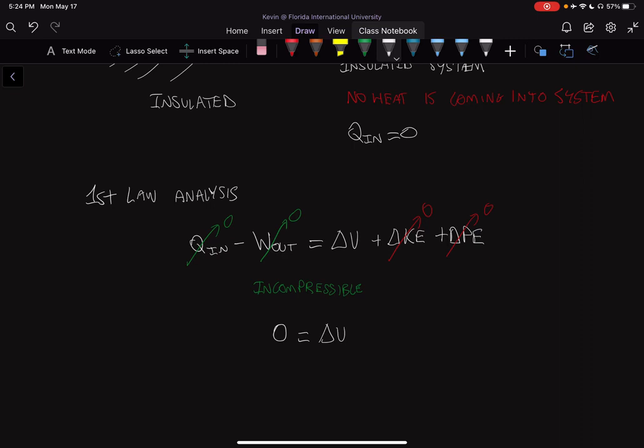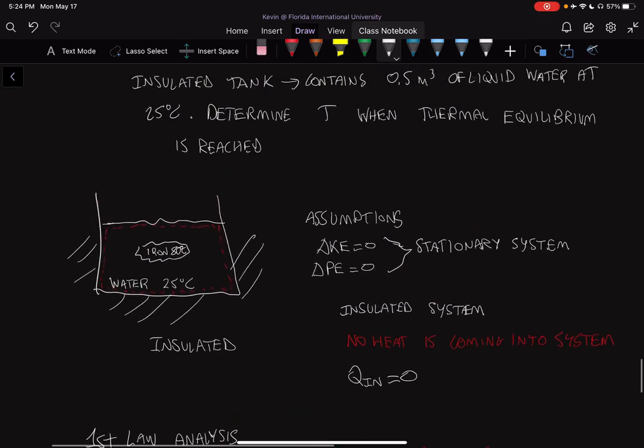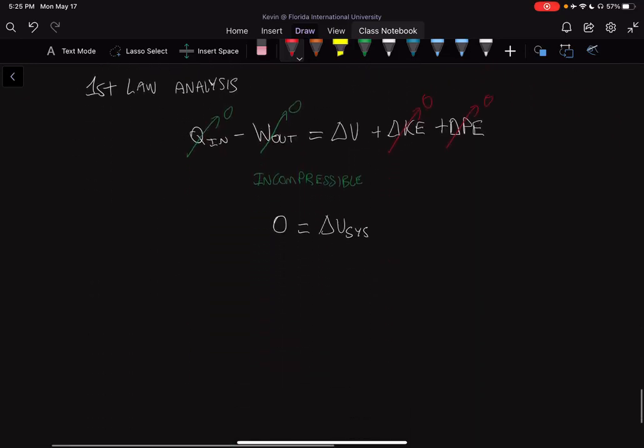Okay, and delta U is delta U of the system. The system is defined by the boundary that we made. This is the system. The system is inside of here. So we can say the delta U of the system is equal to 0. There's no change in internal energy in the system throughout.